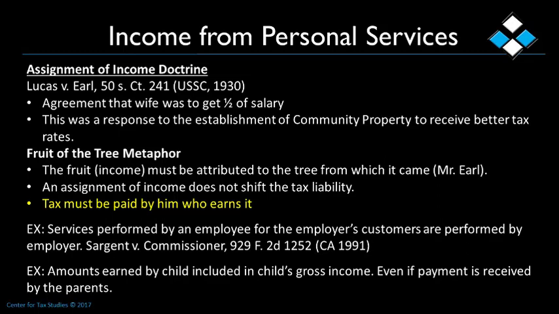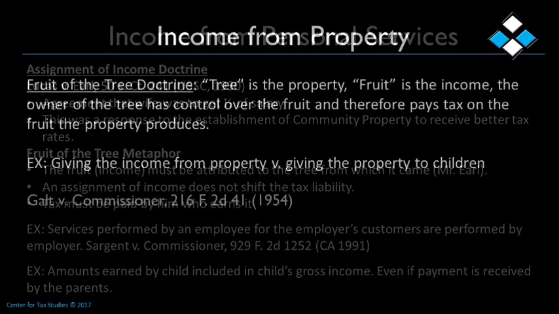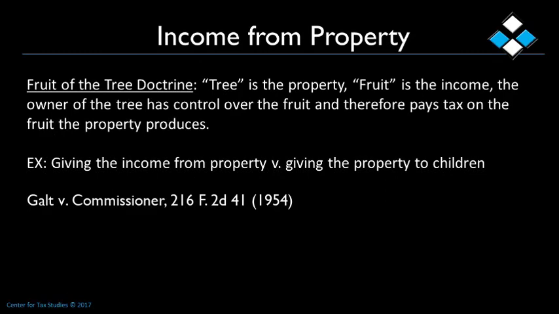For example, services performed by an employee for the employer's customers are performed by the employer. Also, amounts earned by a child are included in the child's gross income even if payment is received by the parents.